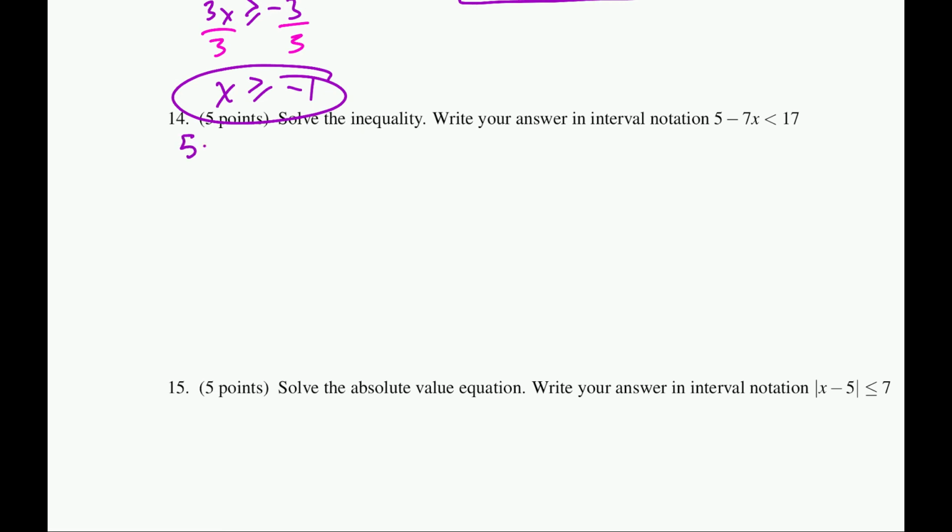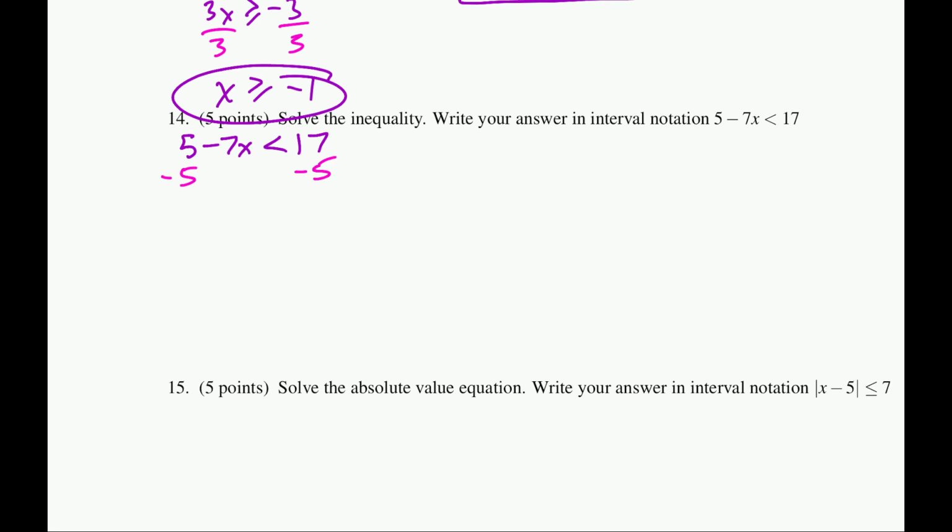So this kind always trips people up. Putting these out of order is what trips people up. So the negative 7x here, you're not adding or subtracting 7, because the 7 is on the x. What we want to do is get rid of this 5 first by subtracting. So minus 5, minus 5.